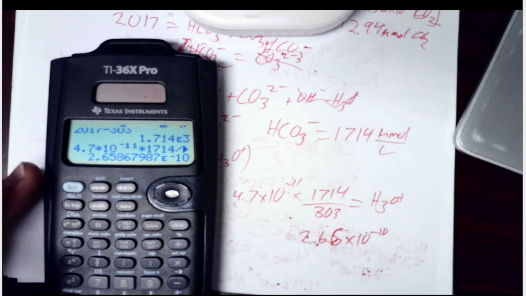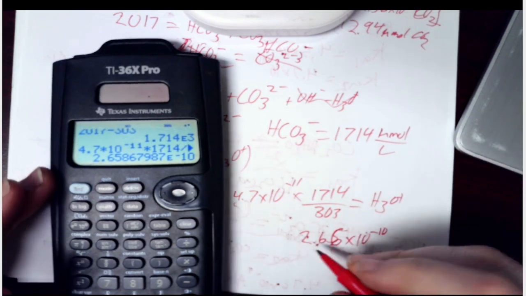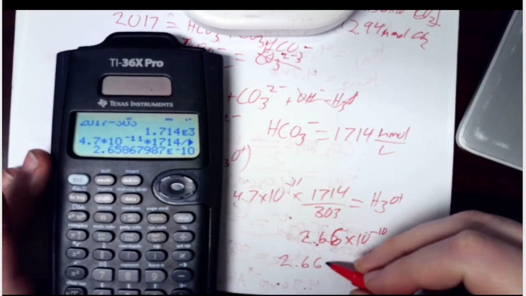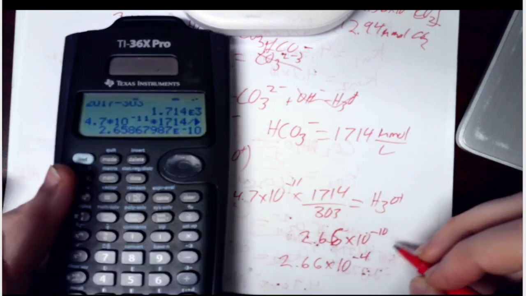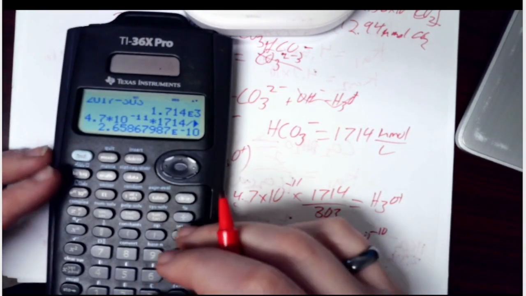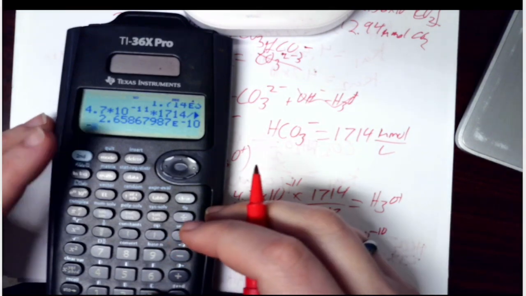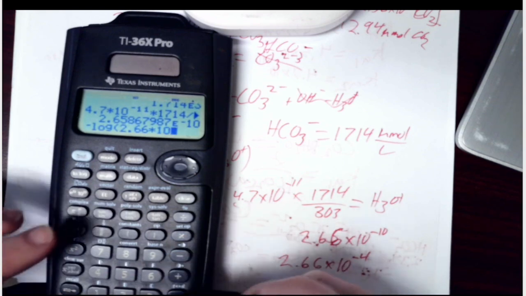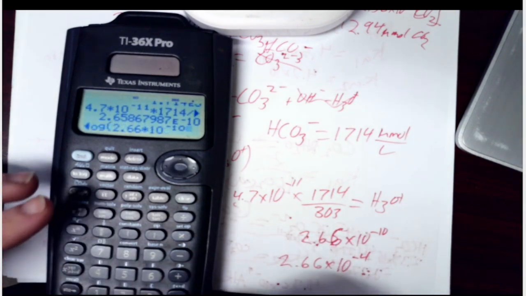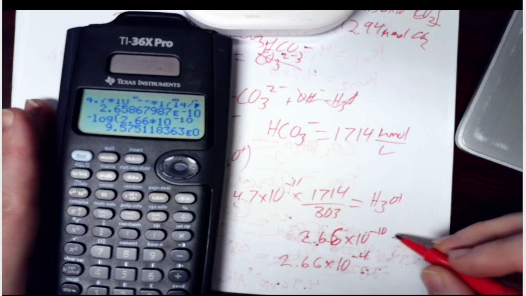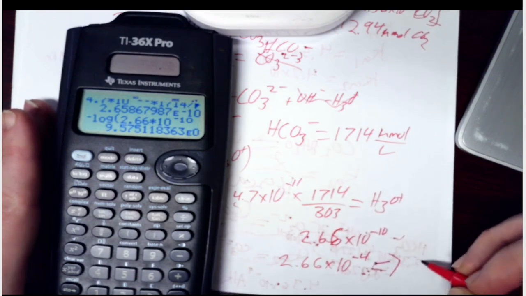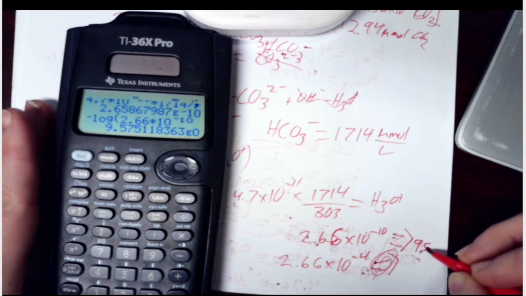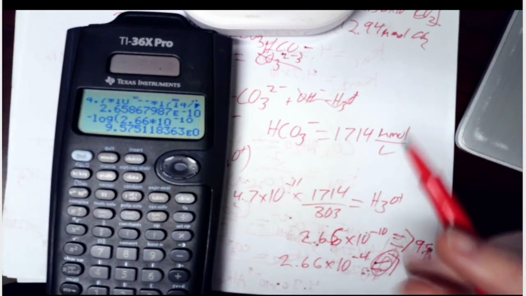Turning that into micromoles would be something like 2.66 times 10 to the negative 4th, so a fraction of a fraction. The negative log of that gives us a pH of something like 9.56.